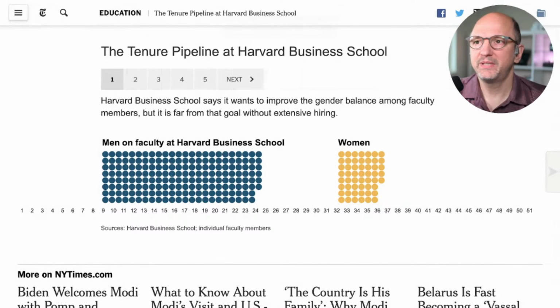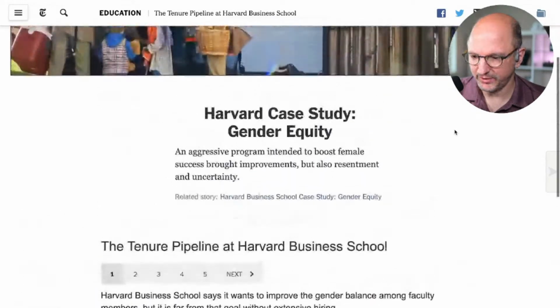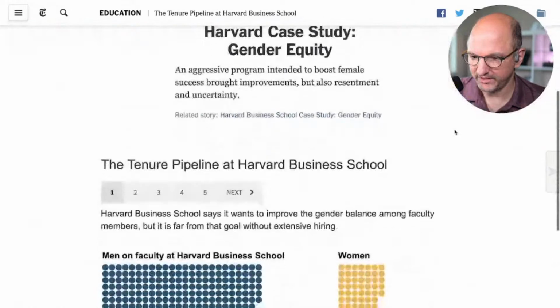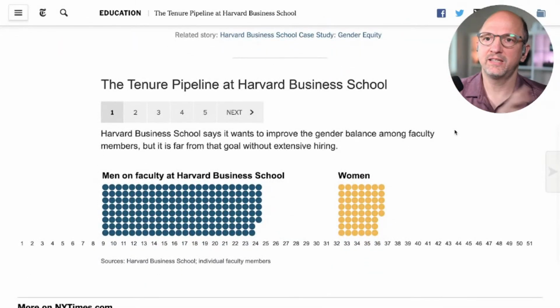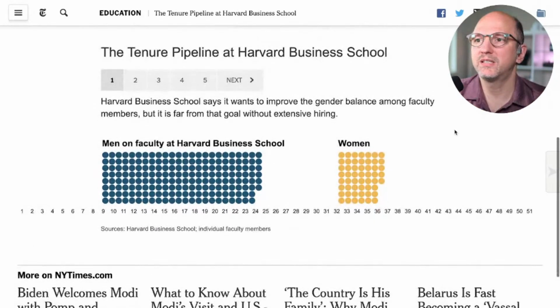So this is a piece from the New York Times from a number of years ago. This might be from 2012 or so. I'm not sure, but it's a fairly old piece, and I still like it, and I think it's a good example of a simple data story that is structured in a very specific way that I think is helpful as a general template.